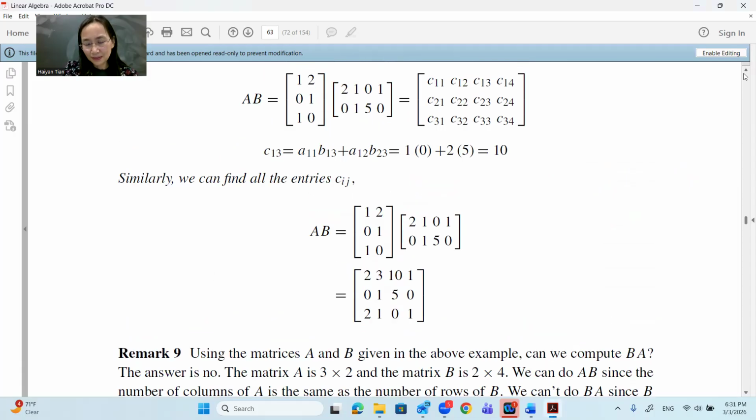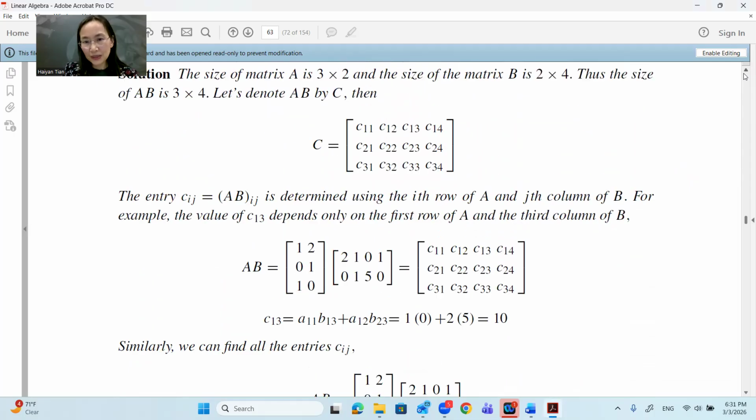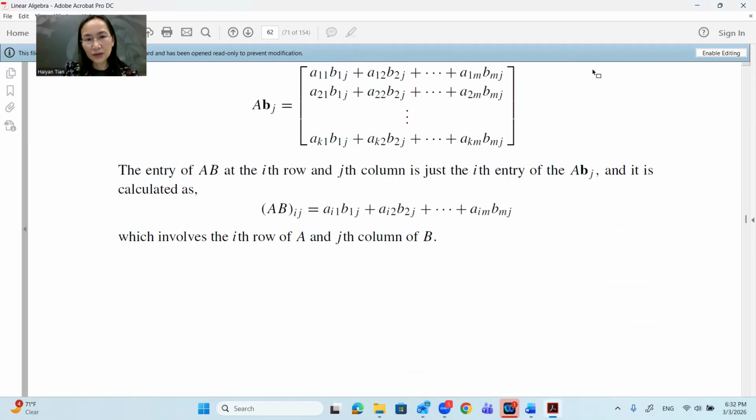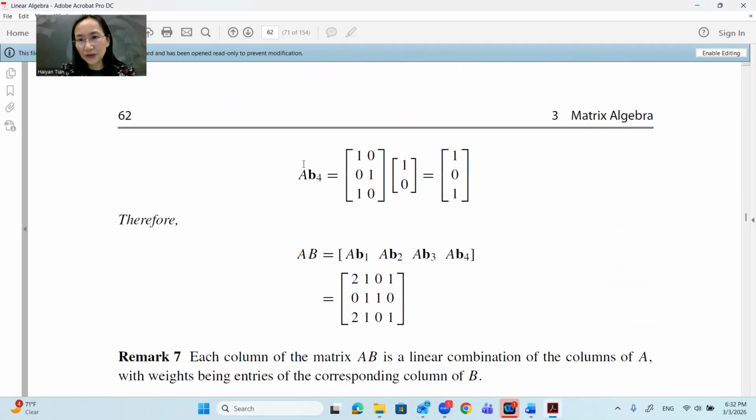So another approach, as I mentioned earlier: instead of doing this entry-wise, to find the product AB, you can multiply A by each column of B. So you will get the first column of the product, the second column, and then the third column by multiplying the first matrix by the corresponding column of B. So A times B1 is the first column, A times B2 will be the second column, A times B3 will be the third column.